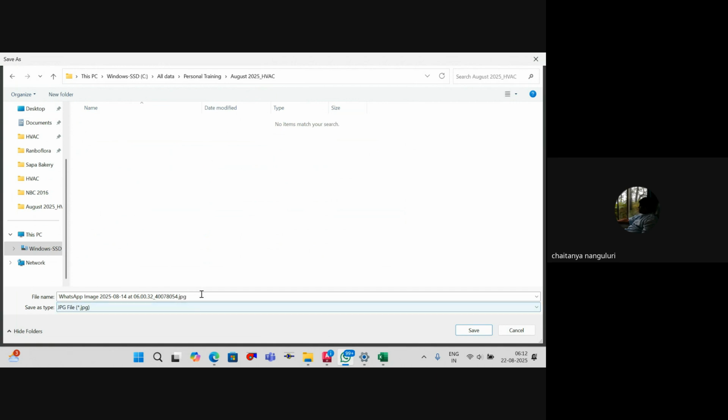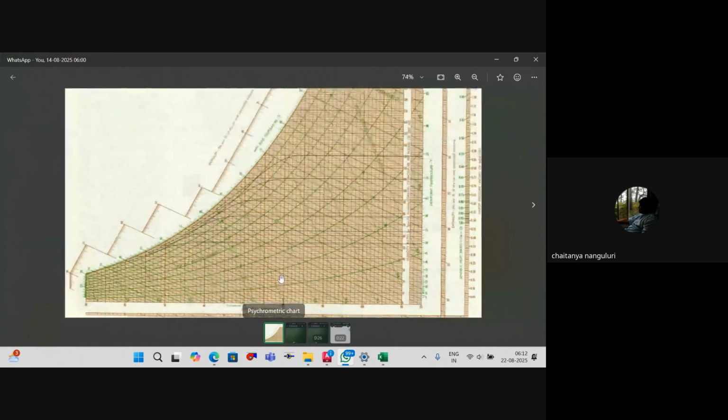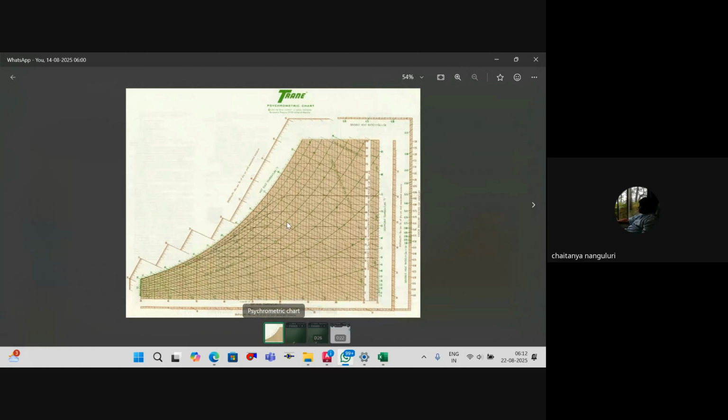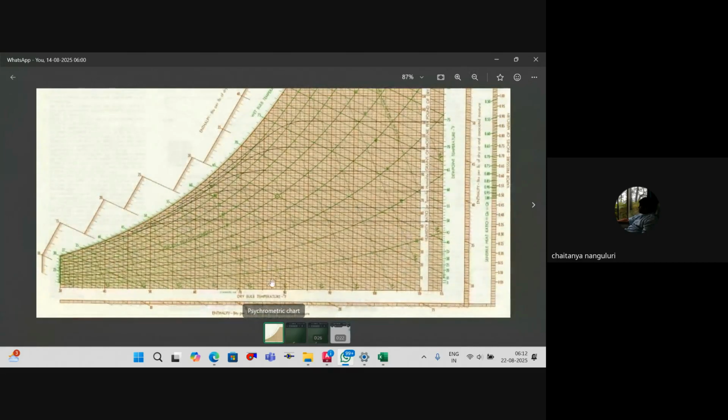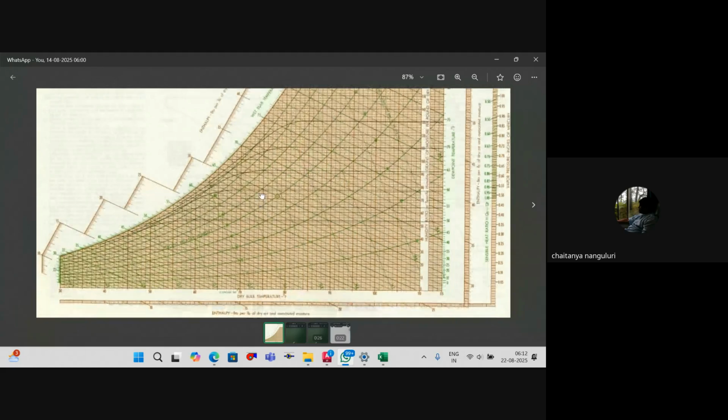Yeah, the psychrometric chart. You also have an app to calculate it, which I'll be sharing with you. So we can use these two parameters to calculate your enthalpy, humidity ratio, all these parameters, isn't it?